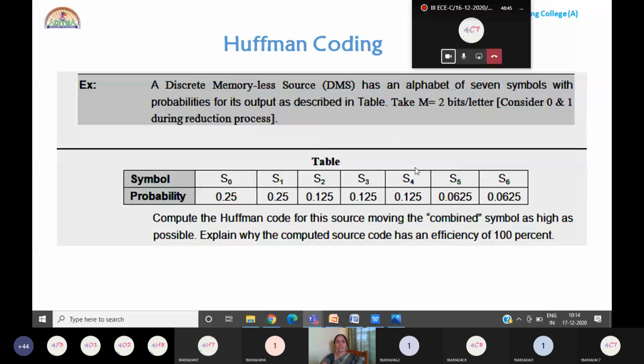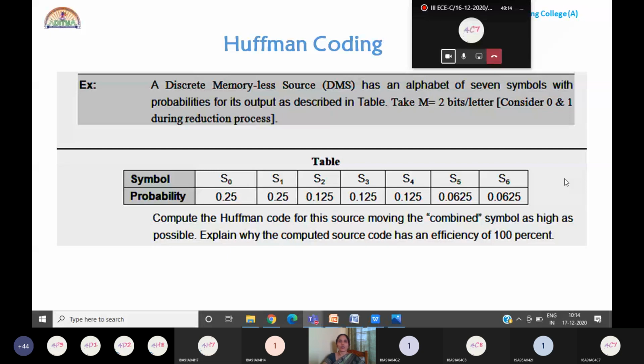Till m number of symbols are present in the reduction process. And they told you that in this example you will get the efficiency as 100%, and you need to justify why the efficiency is 100%.